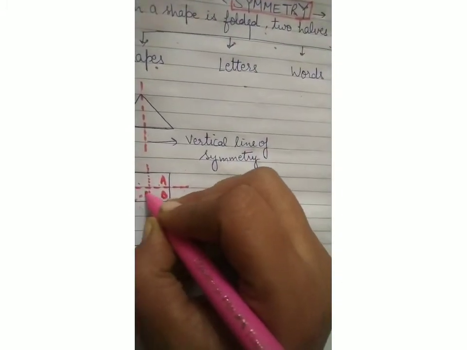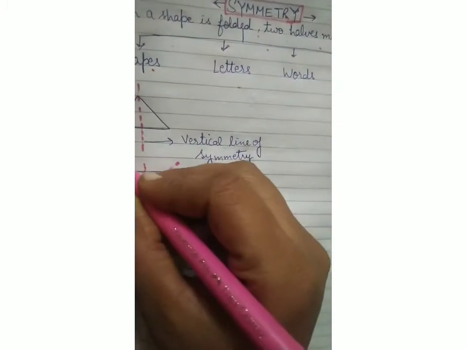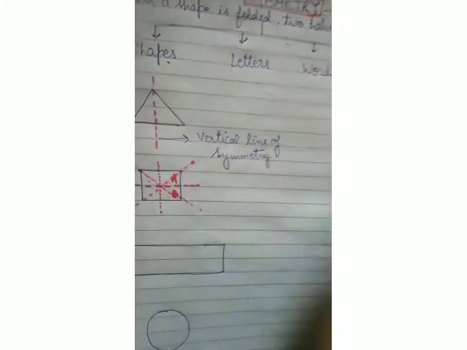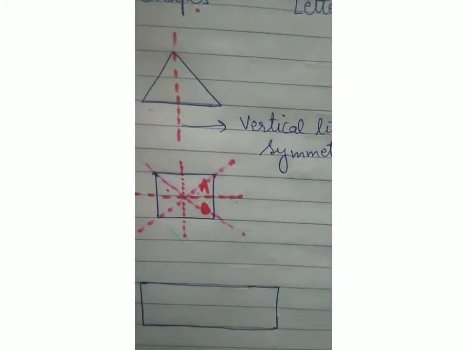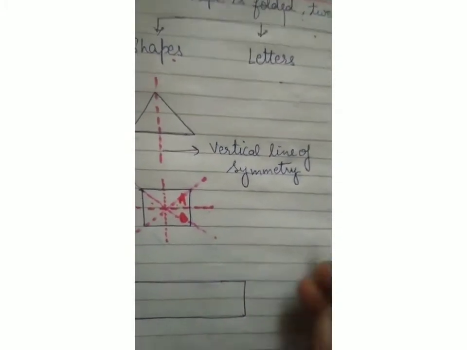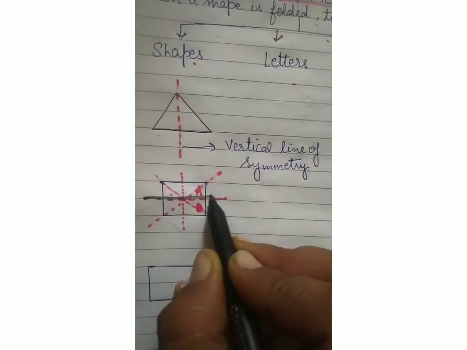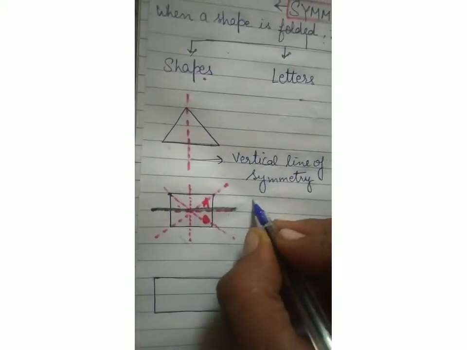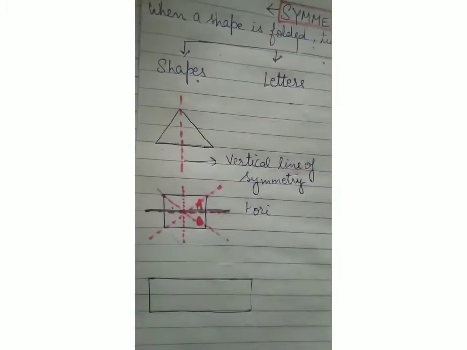If I draw a diagonal line, then also these can overlap each other perfectly. So my dear children, the line which is made like this is the horizontal line of symmetry.